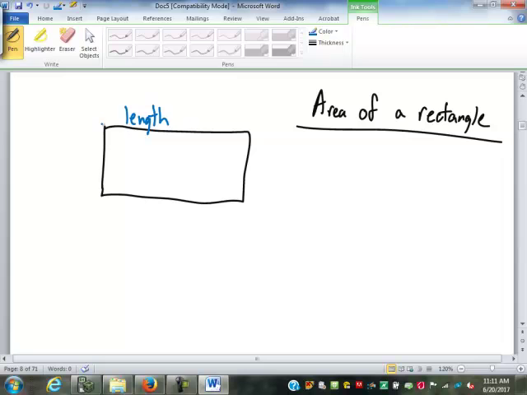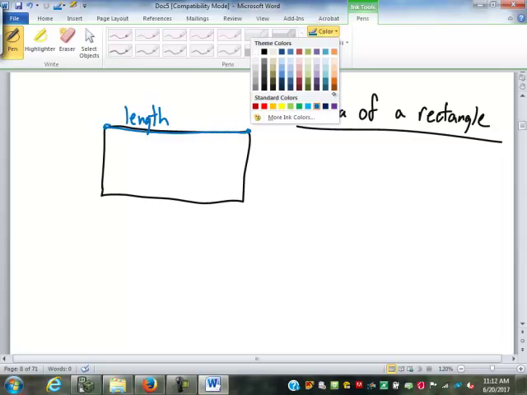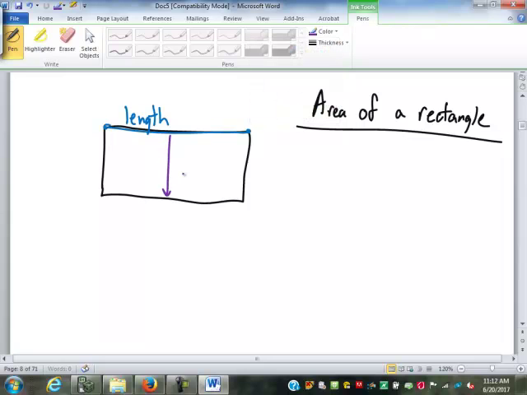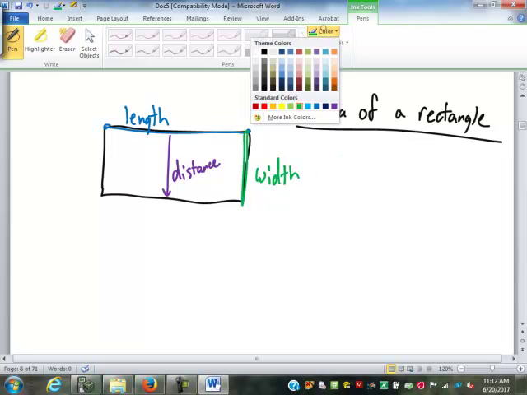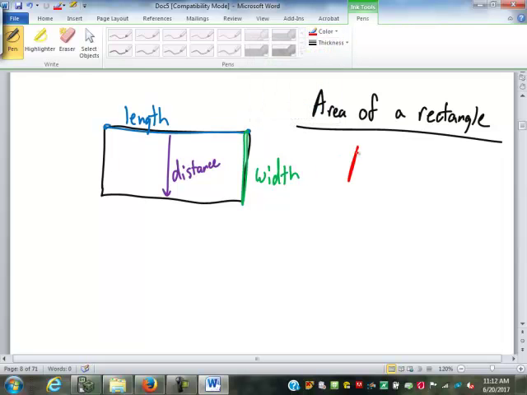We define that to be the length of the rectangle. And the distance that that segment was moved, well, that distance is equivalent to the width of the rectangle. So the area of a rectangle is equal to the length times the width.